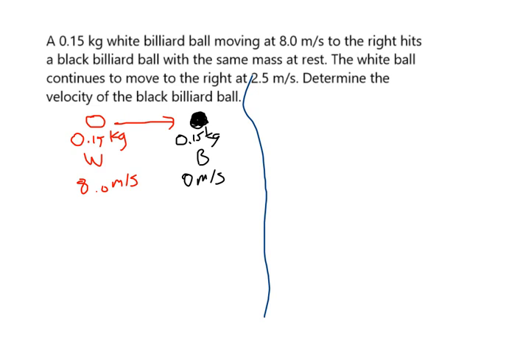How much net momentum do we have before we even have the collision? Well, we really have 2 objects. This guy's providing some momentum. Actually, this guy's not providing any momentum at all, is it? It could be if it was moving, but it's not. So this guy right here, its momentum is p equals mv. Its momentum will be 0.15 times 8.